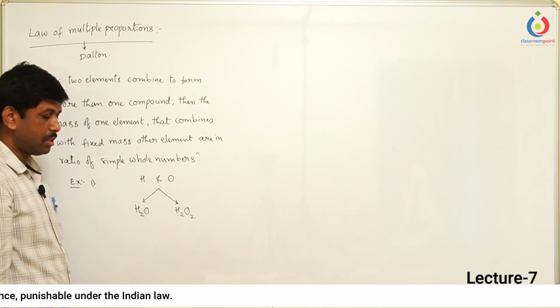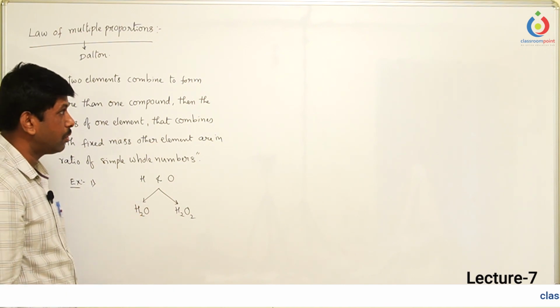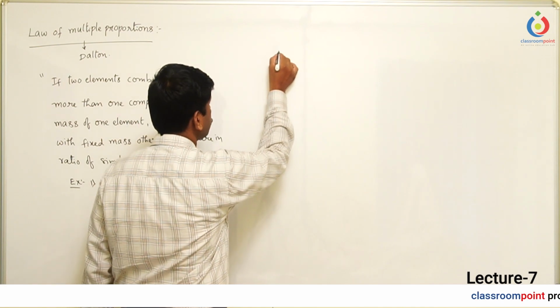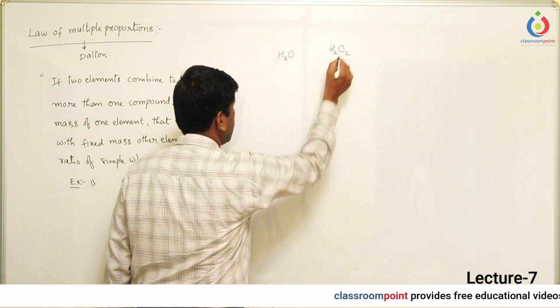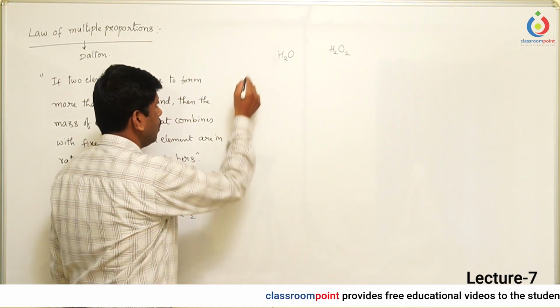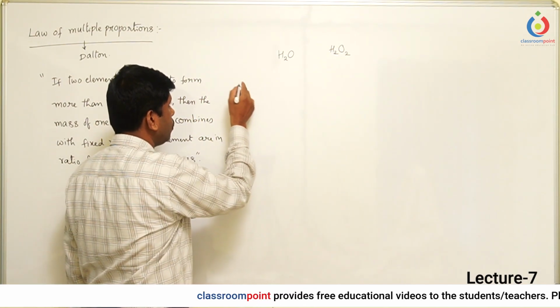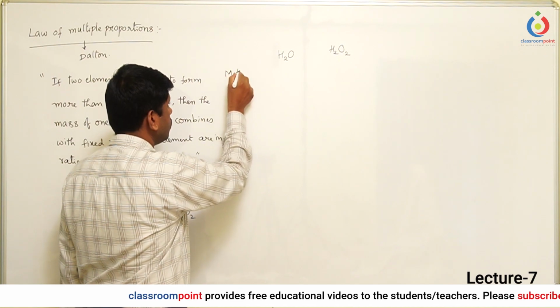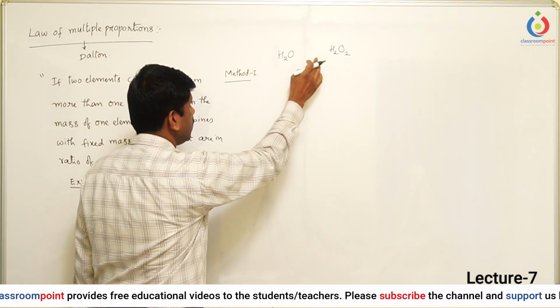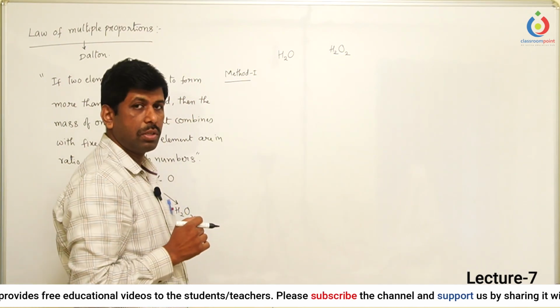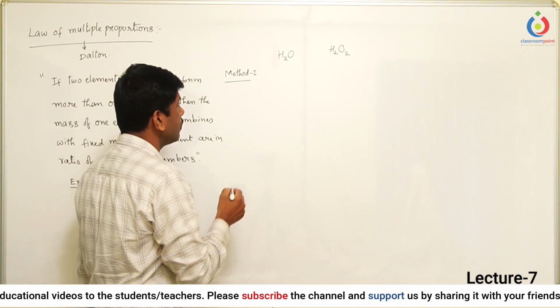So let's discuss this example, H2O and H2O2. I'll write this down here. Let us try to solve this question in two methods. In method 1, let us see the masses of hydrogen and oxygen in both of these compounds.